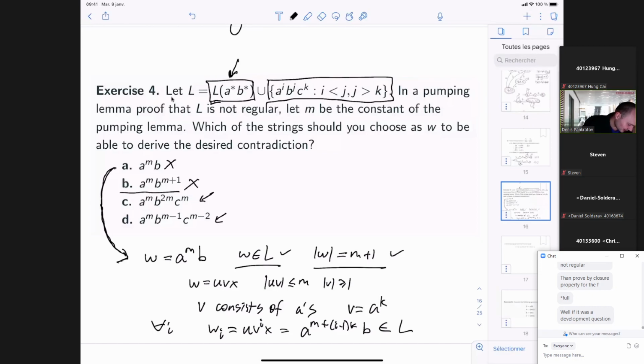So remember that now we need to satisfy this constraint that j, the middle exponent of the b, needs to be larger than its 2 neighbors. So this m-1, although it is larger than m-2, it is smaller than m. So this string doesn't work since a to the power m, b to the power m-1, c to the power m-2 doesn't even belong to the language.